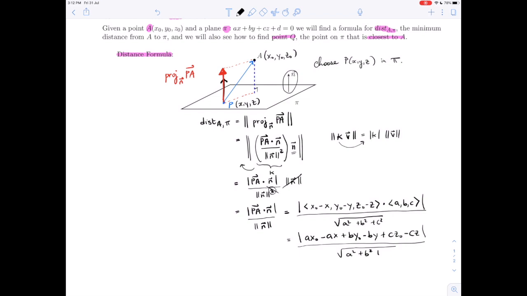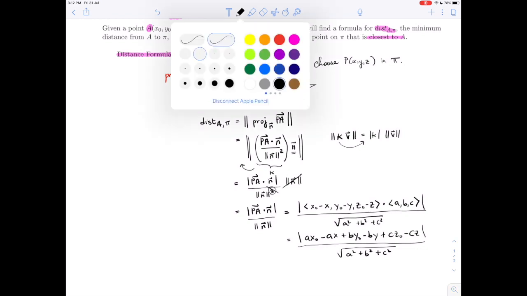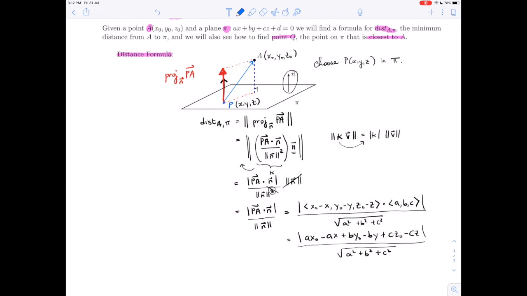Now that looks like a bit of a monstrosity in the numerator. We can clean that up even more. So if we have here, right, our point P was the point x, y, and z, and if it's in the plane, it satisfies ax plus by plus cz plus d equals 0.